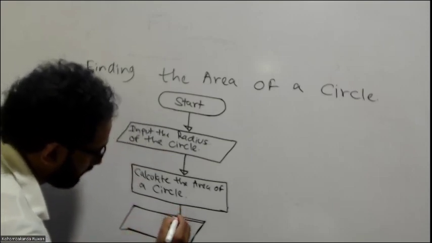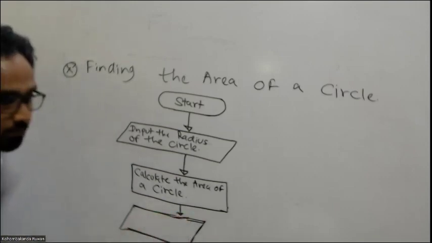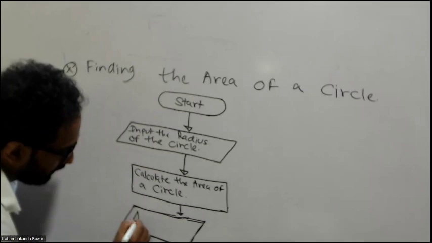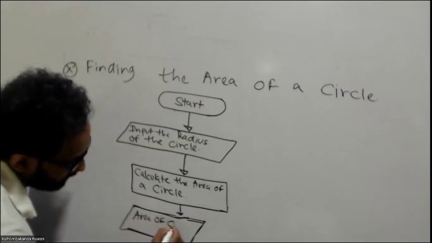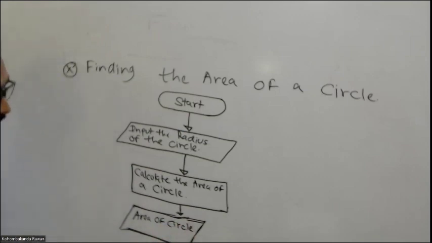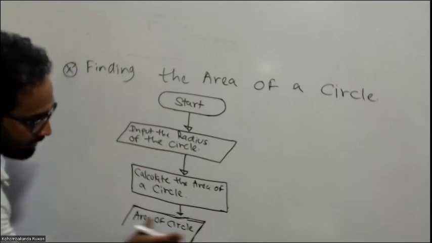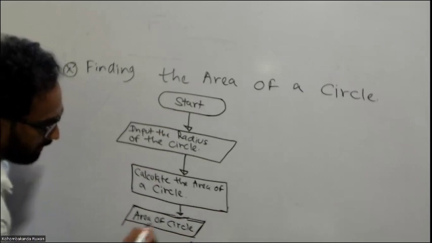Here, arrow, down arrow. Here you will get as output the area of circle. Right? Final step is end.